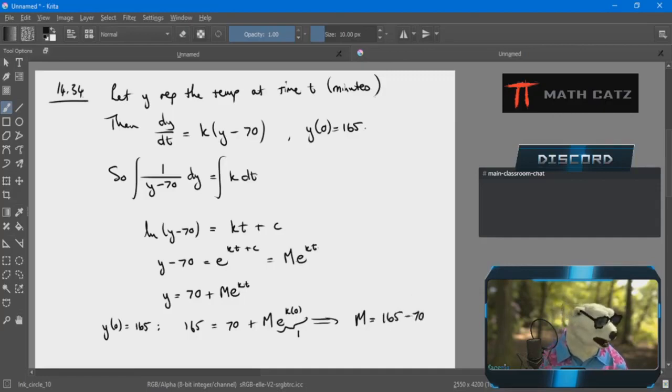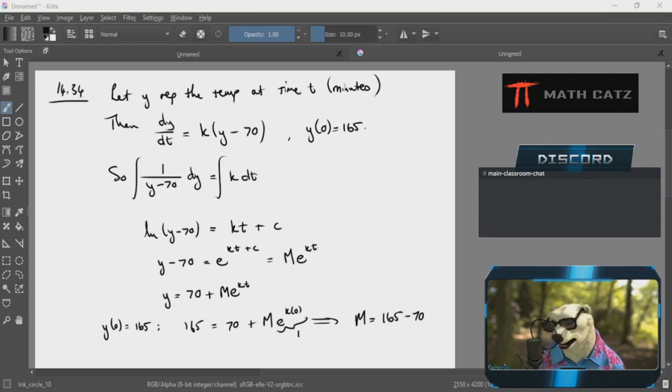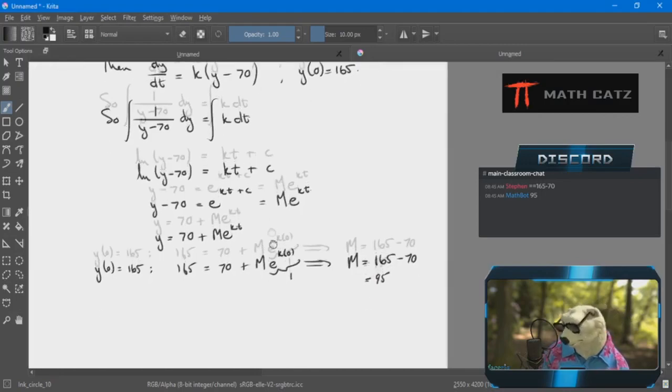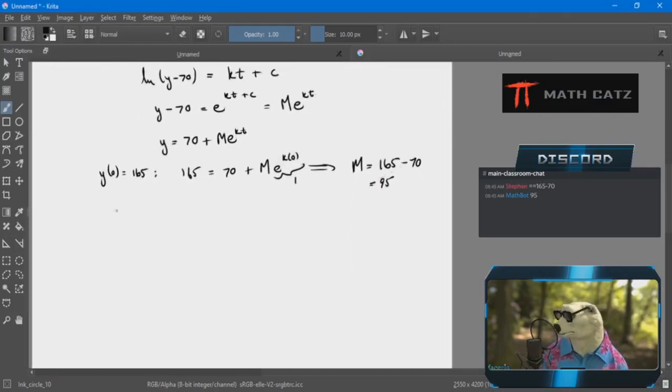I'll just put it in the chat so you have something to look at. And it is, of course, 190, not 195, just 95. So where are we now? We have our function of time, which is 70 plus 95 e to the kt.